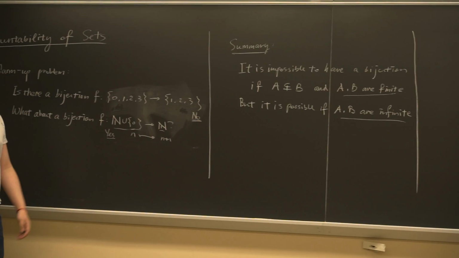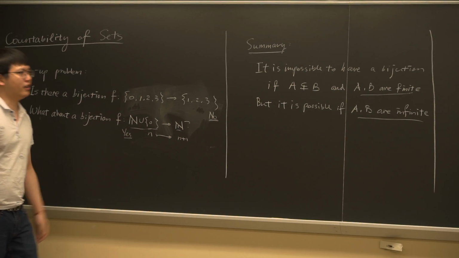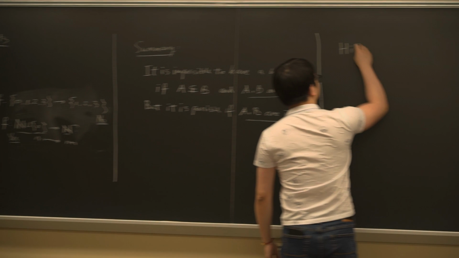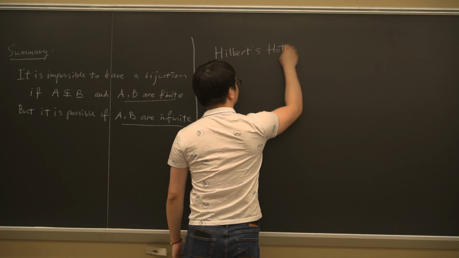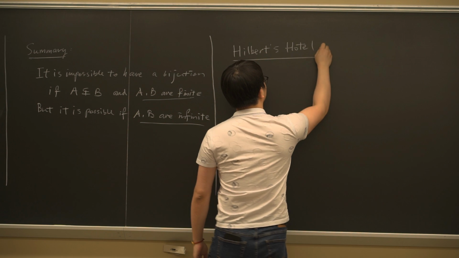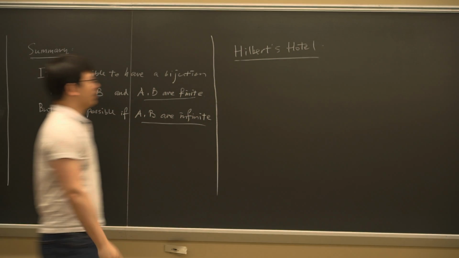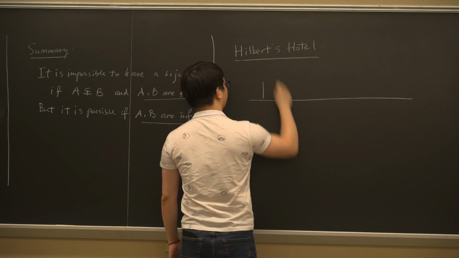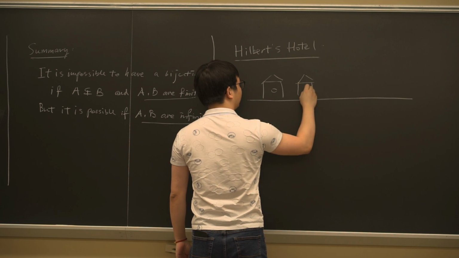So this is in history a very famous problem explaining this kind of phenomenon, and this problem is called Hilbert's Hotel. Okay, so here's the story. Hilbert's Hotel is a hotel along a street where there are infinitely many rooms.